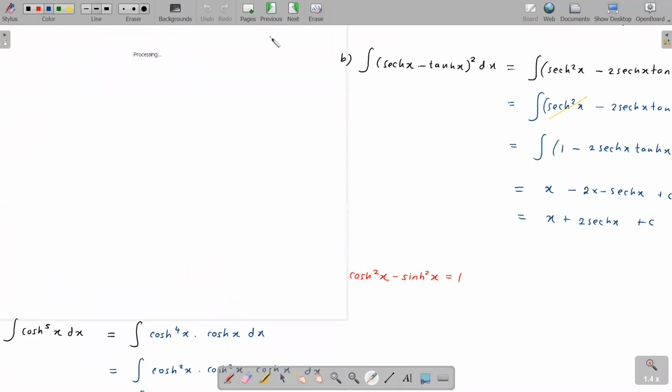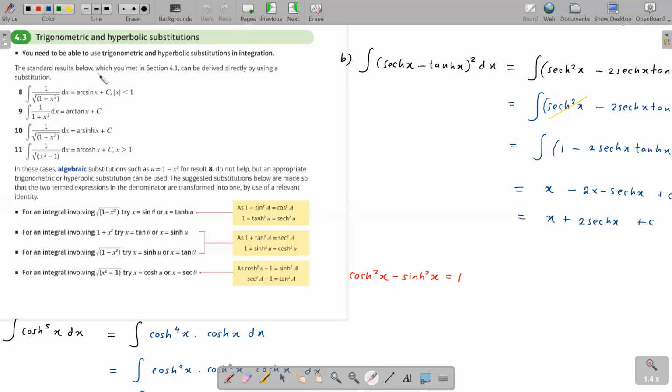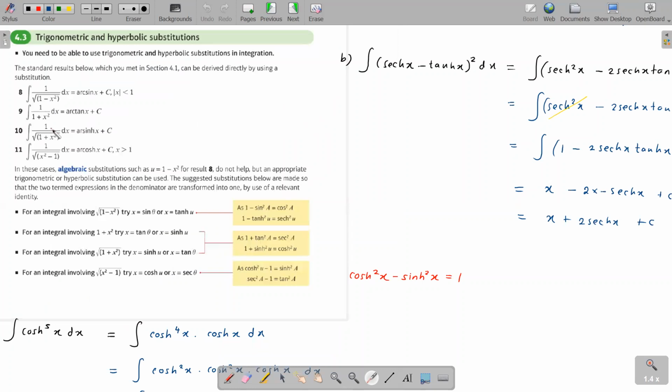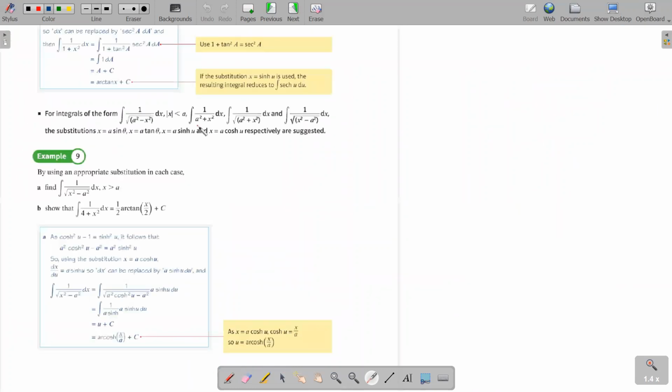Here you have 1 minus x square, here you have a square minus x square. Here you have 1 plus x square, here they have a square plus x square. It's almost the same thing, just that instead of 1 we have a value a here. In the case where a becomes 1, we go back to the previous rules, so this is a general way to remember.